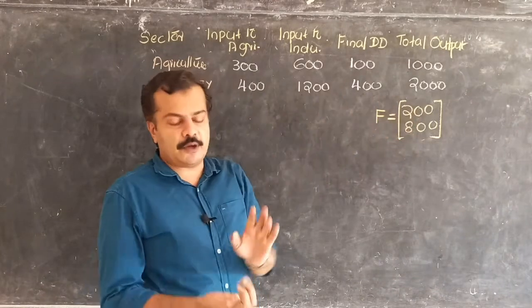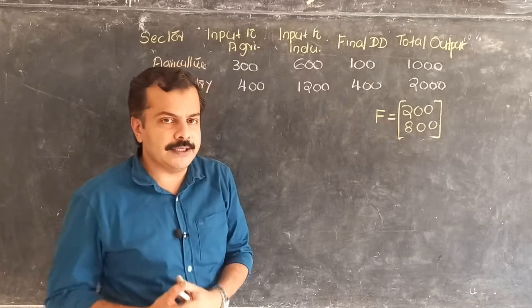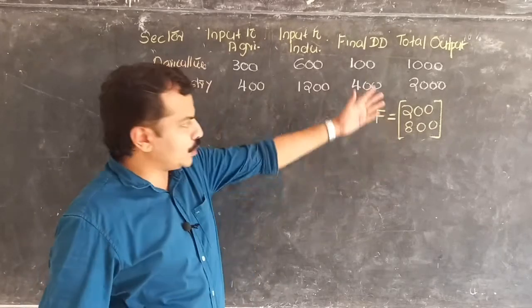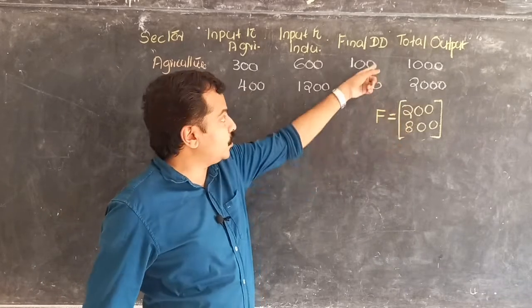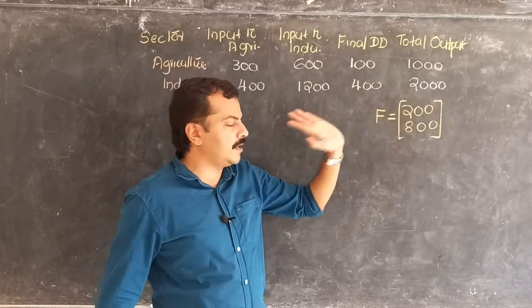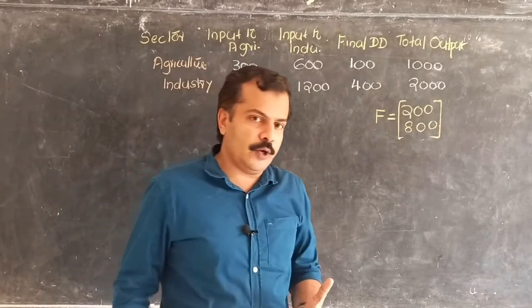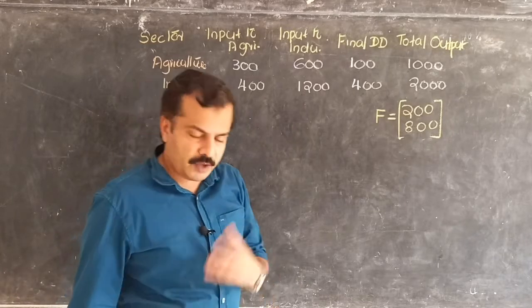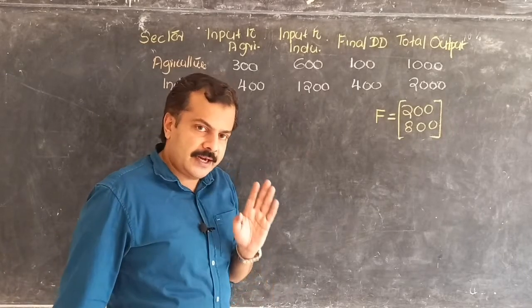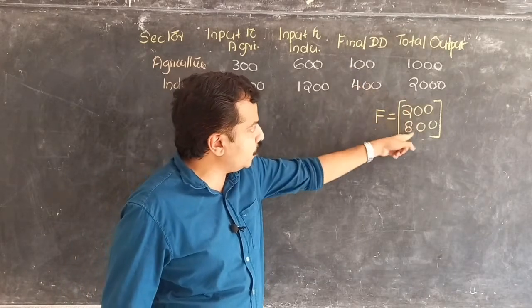We are to calculate the new gross output for the model when final demand changes from 100 to 200 and from 400 to 800.